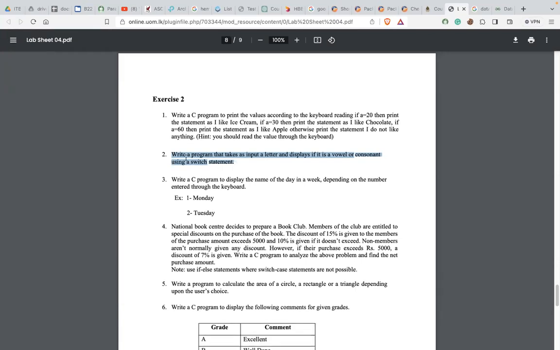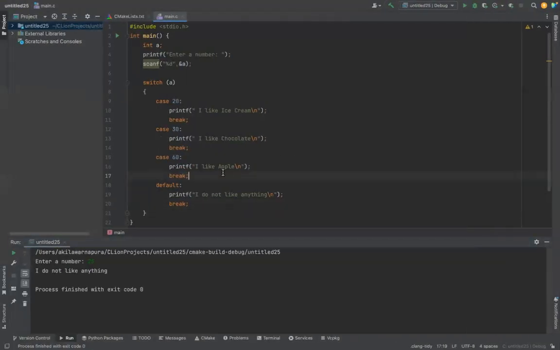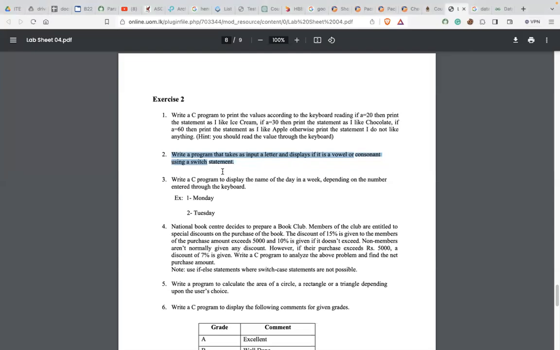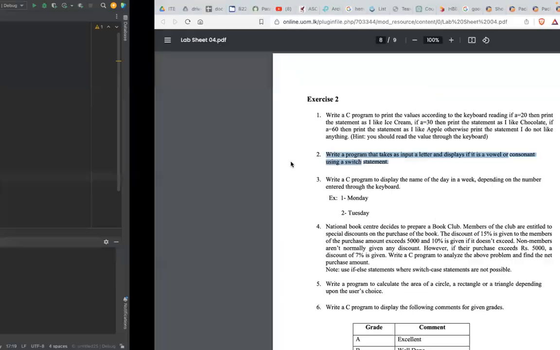The user needs to get input from the keyboard, that means A, B, C, D or whatever, and check whether that letter is a vowel or consonant.